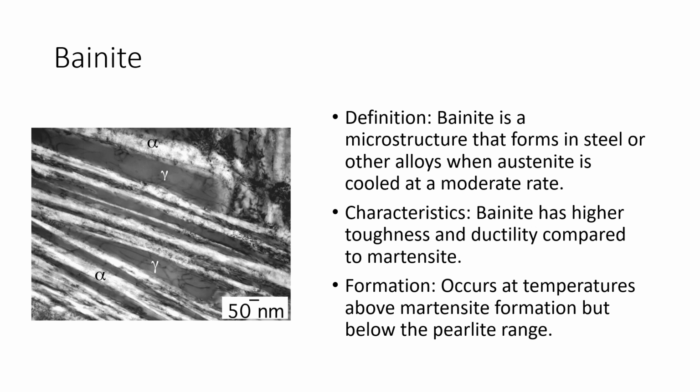We're shooting for bainitic. It's got a lot more toughness than martensite. Martensite's very hard, but it's brittle. This occurs at temperatures above the martensite formation, but below the pearlite range. So this is a really good microstructure for a lot of applications, but we're cooling it slower than we would if we just quenched it.